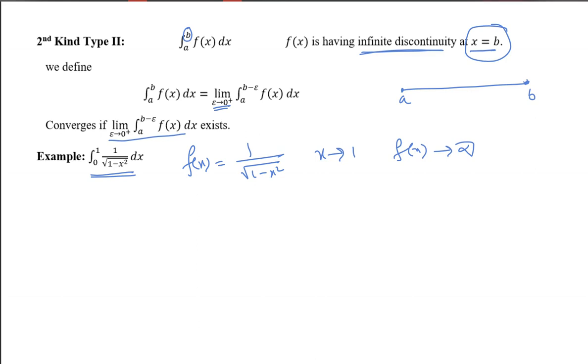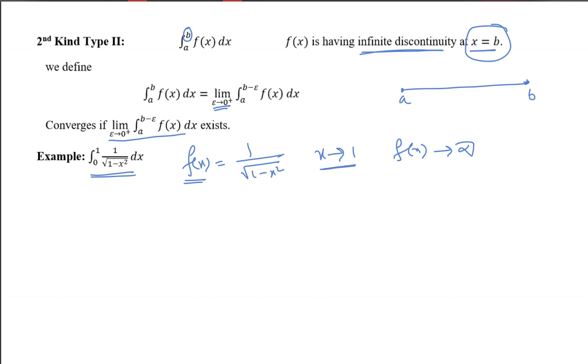So we have a point of discontinuity at 1 and no other infinite discontinuity. You take any value from 0 to 1 except 1, you will have a finite value for this f of x. So the only point of discontinuity is x equal to 1.